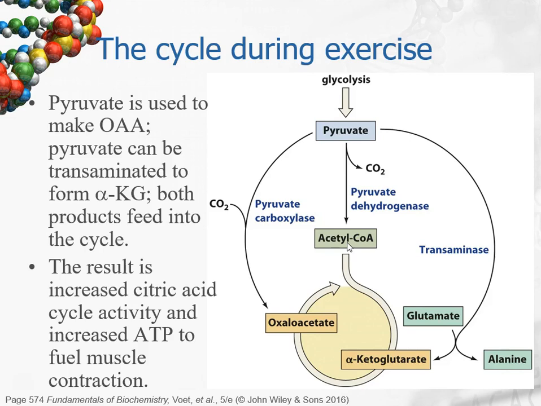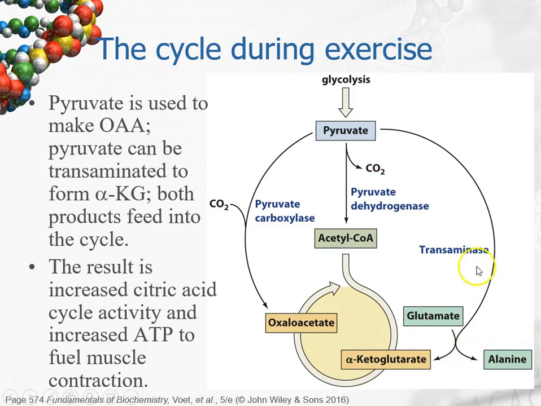So during exercise, this is a little bit different. We have glycolysis to pyruvate, and pyruvate dehydrogenase gives us acetyl-CoA. So here we have amino acids, and this could happen from protein breakdown.